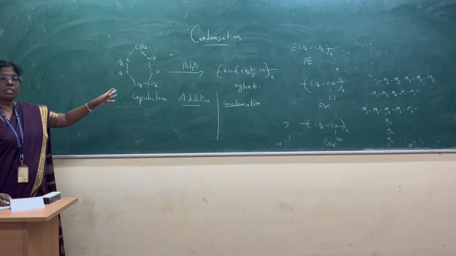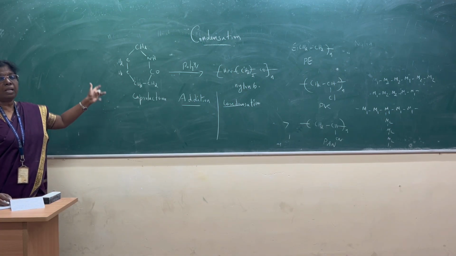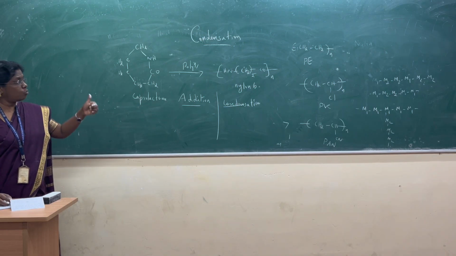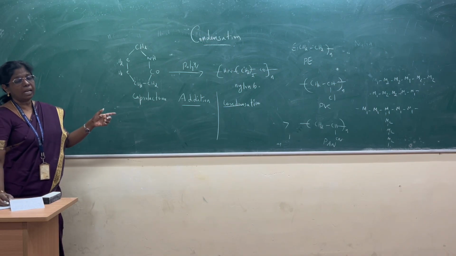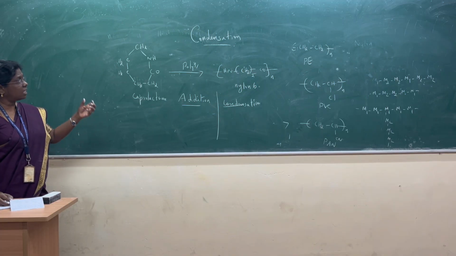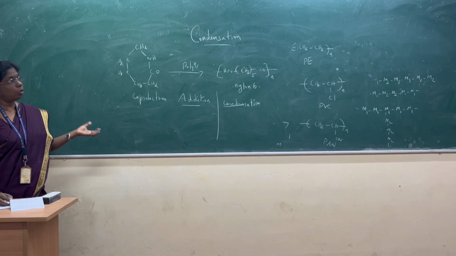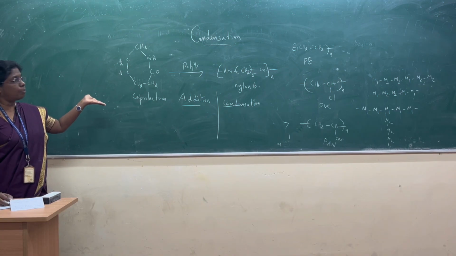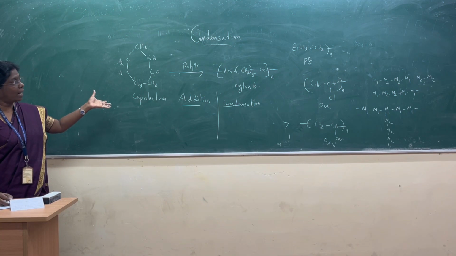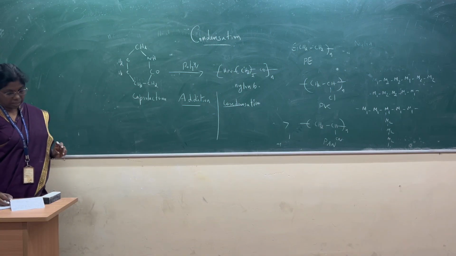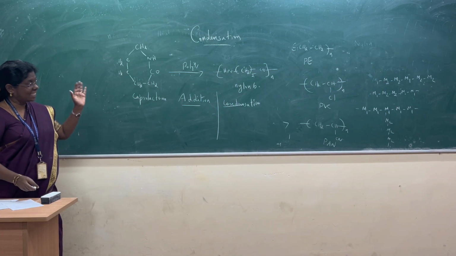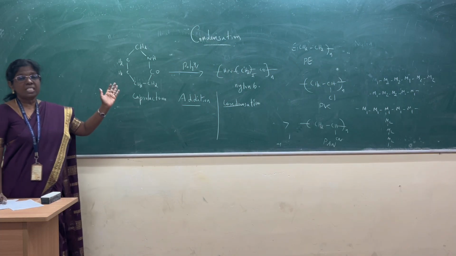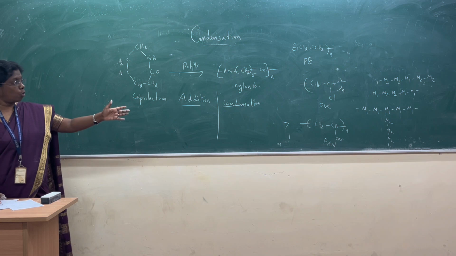So how do you form nylon 6,6? Hexamethylene diamine reacts with adipic acid, with removal of a water molecule, and we get nylon 6,6. Nylon 6 is formed without elimination of water, just by opening of the cyclic compound caprolactam. Another point: addition polymerization gives an exact multiple of the original monomeric molecule.